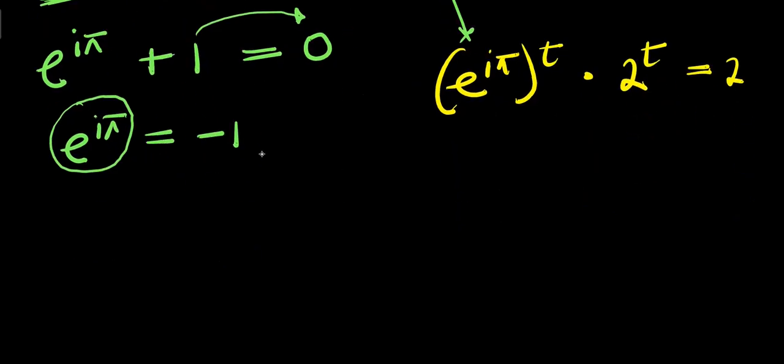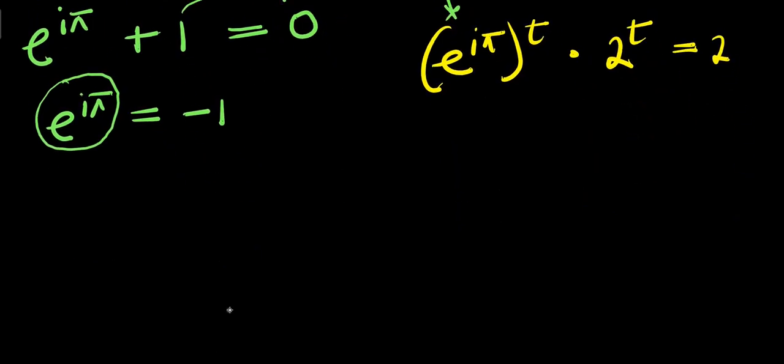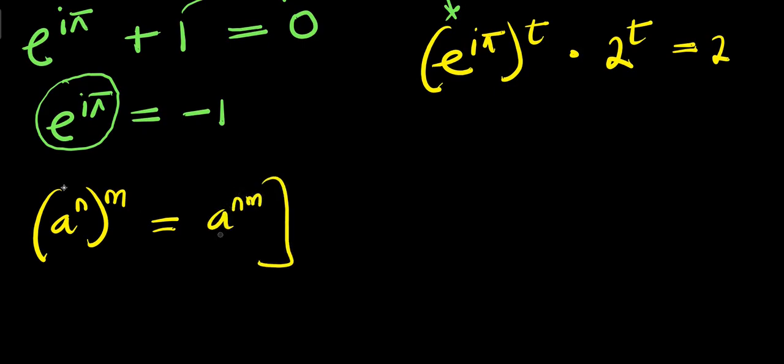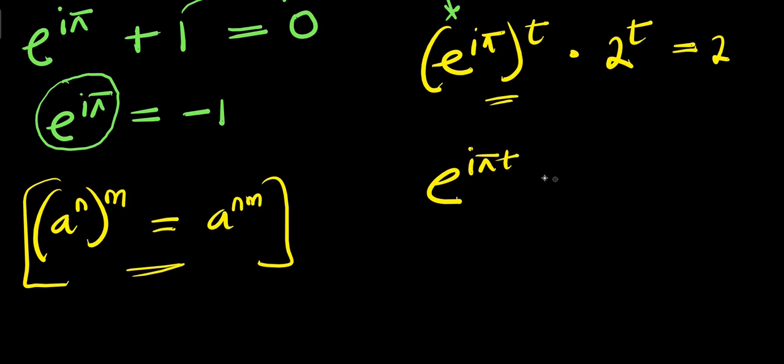Now from here, if you make use of this identity, a to the power n, to the power of n, equals a to the power n times n. So if you apply this identity right here, what you are going to have is e to the power of i times pi t, then we have times 2 to the power t, and this equals 2.